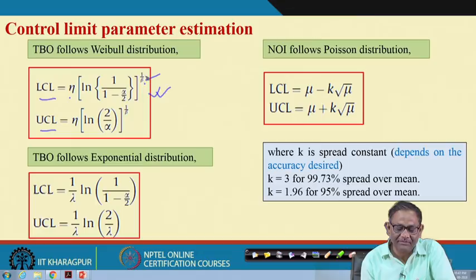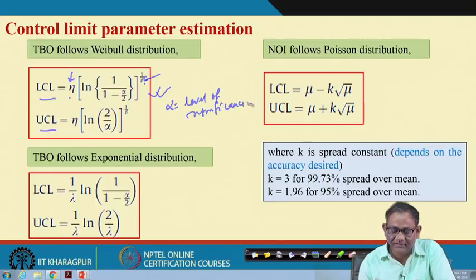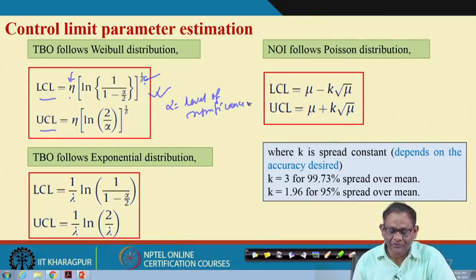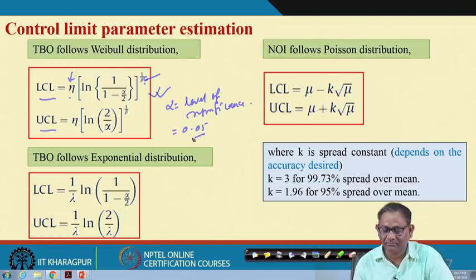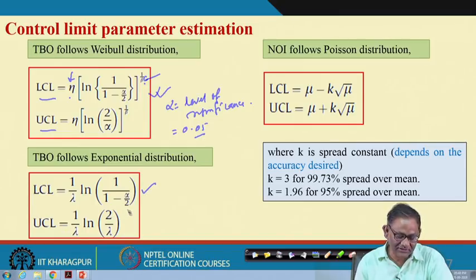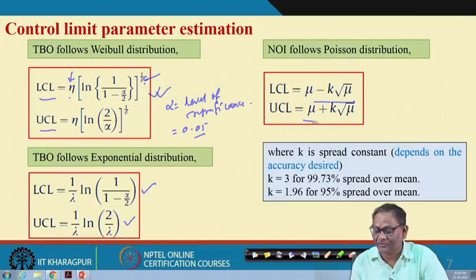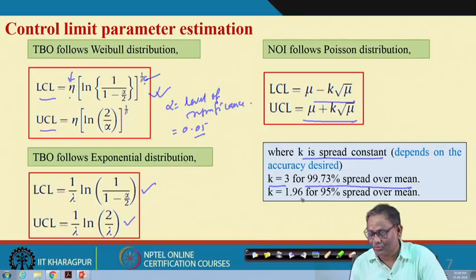Beta is the shape parameter, eta is the scale parameter, and alpha is the level of significance, usually related to the amount of error you are accepting. Alpha we usually take as 0.05. If it is exponentially distributed, then this is the LCL and this is the UCL. If it is Poisson distributed, then mu minus k root mu and mu plus k root mu, where k is the spread constant; k is 3 for 97.73% spread over the mean, and 1.96 for the 95% case.